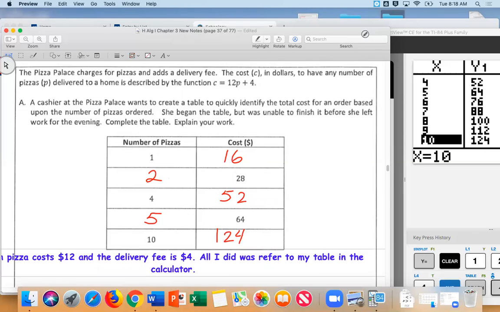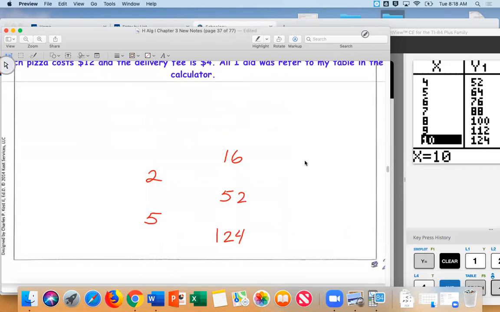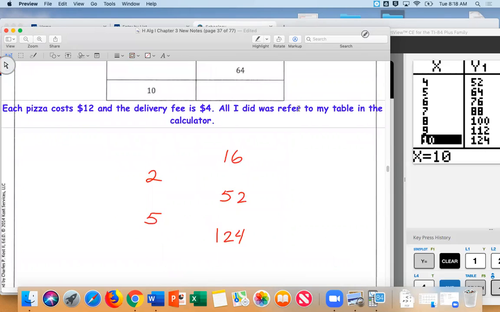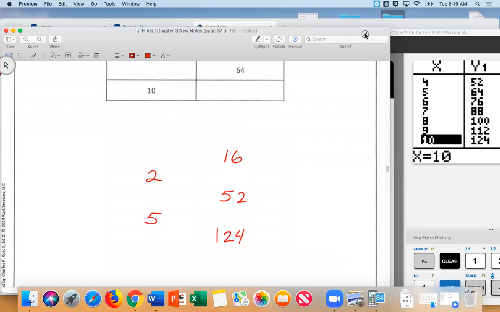Okay? So if you didn't have a calculator, AJ, you would just say, I just plugged in 1 into P. Like you're just trying to explain to them where your work came from. And basically, they want to see you use your tools. All right. I have to delete that for the next class.